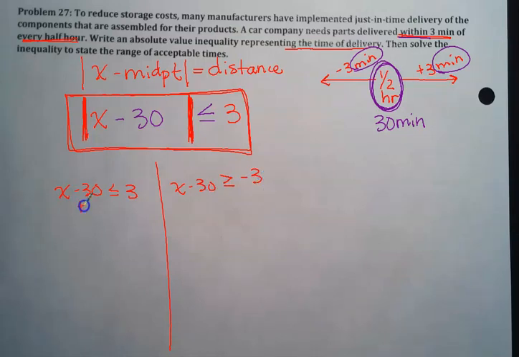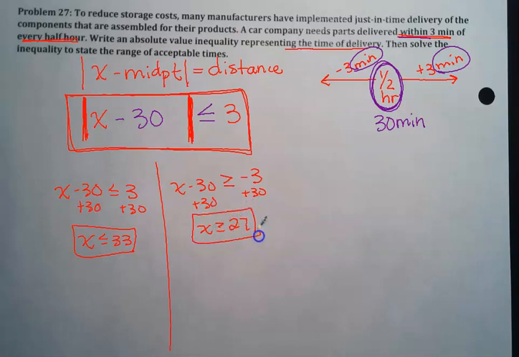And then you solve. Add 30, so x is less than or equal to 33. Add 30, x is greater than or equal to 27. Again, you could have done this math in your head, but you have to be able to show the work.